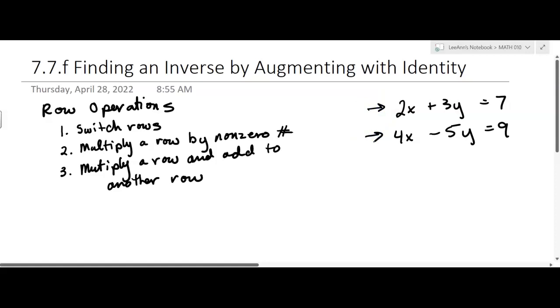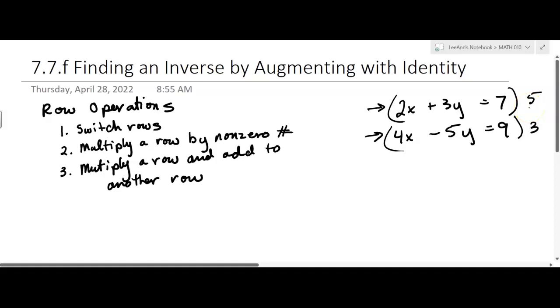No. So you can switch the rows. And then, can I multiply any row by a non-zero number? Yeah, we did that so that we could get things to combine. So yeah, you can multiply. Like I could multiply by 5 here, and I could multiply by 3 here, and I can multiply the whole row, and it's not going to change anything.